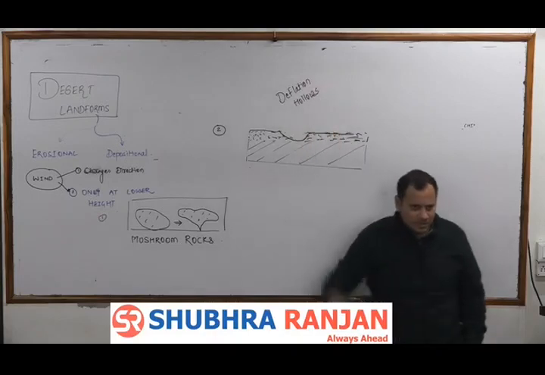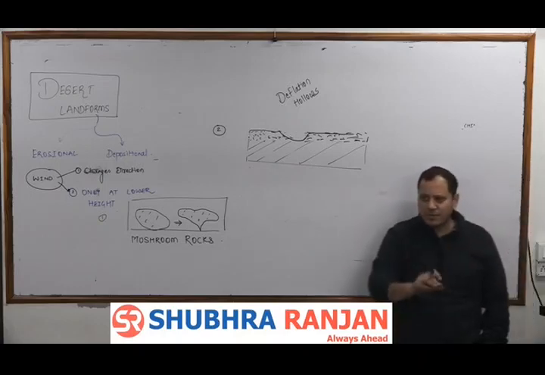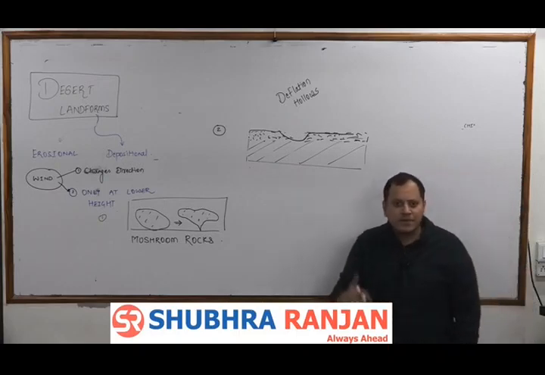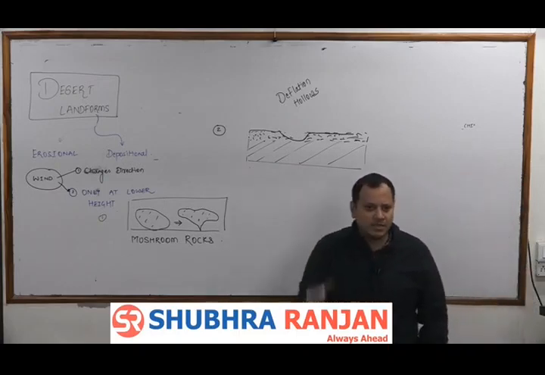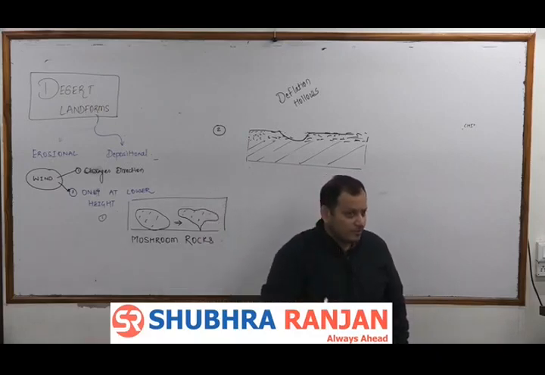Wind comes, takes away the sand from where the sand is, and therefore a depression is formed. What do we call that depression? Deflation hollows. Now where did the word deflation come from? Deflation means the process by which wind picks up the sand particles and blows them away.